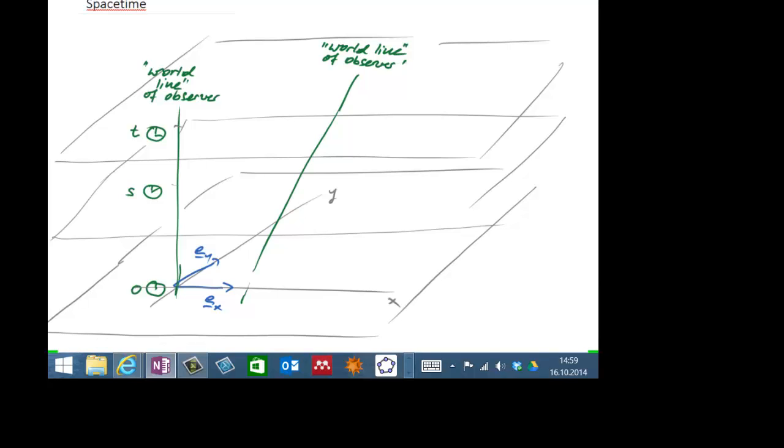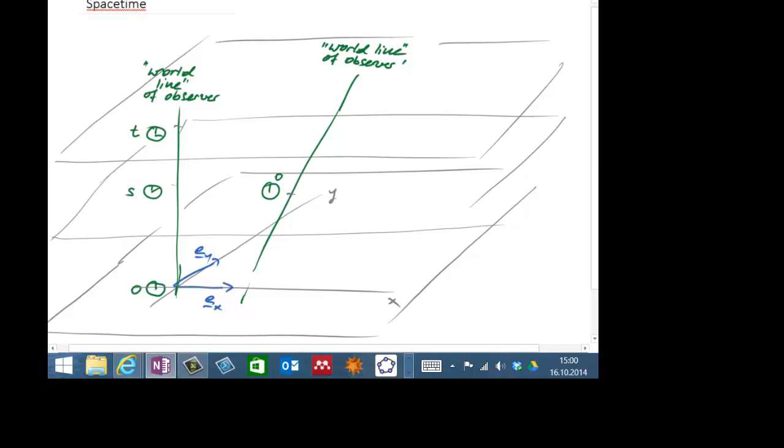We said that the clock of the second observer runs differently from my clock. And therefore, when my clock shows s, the clock of my colleague shows 0. So here, when the second observer crosses this plane, then his or her clock will actually show 0.